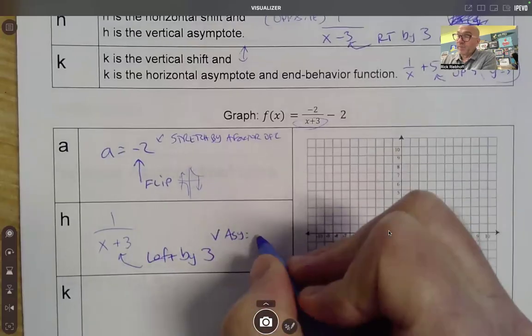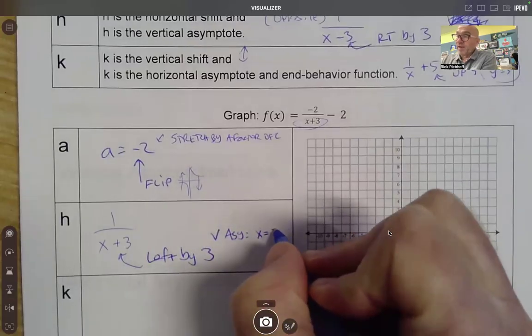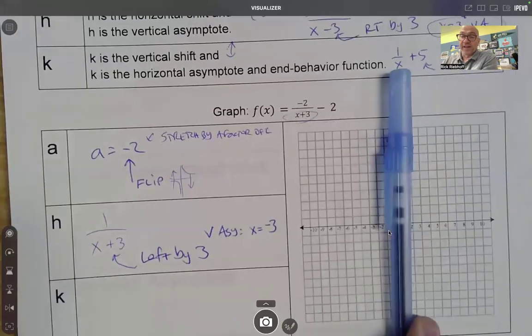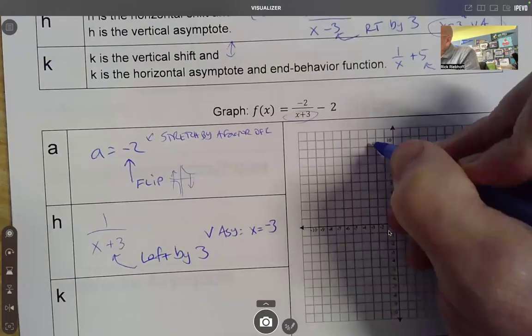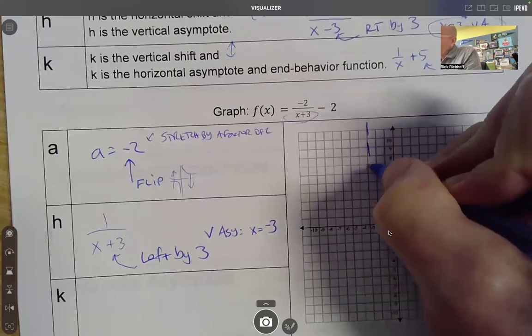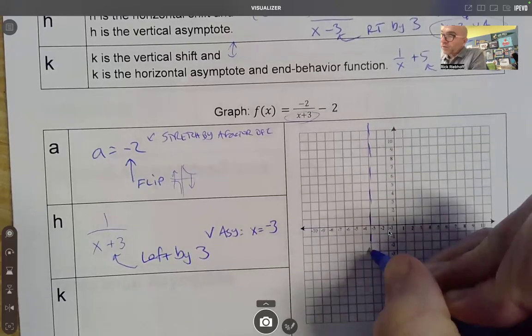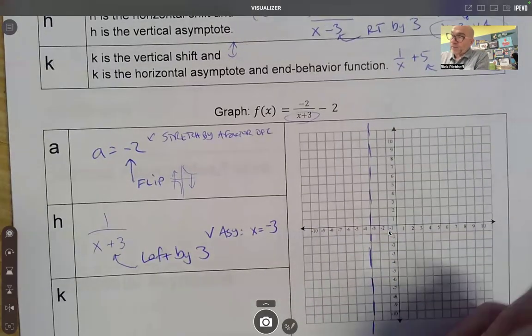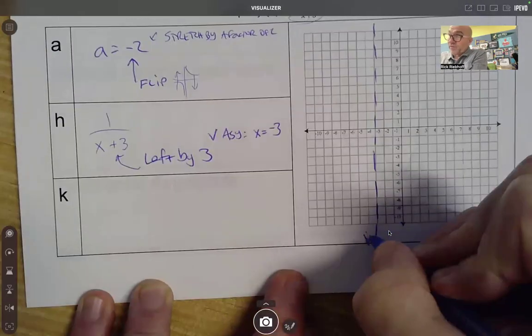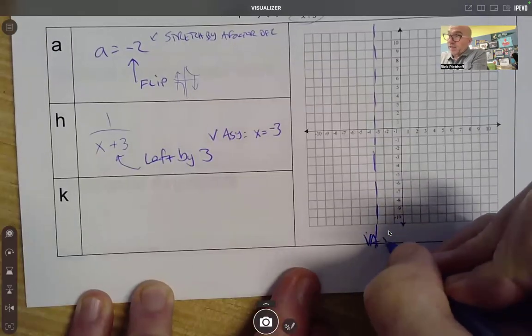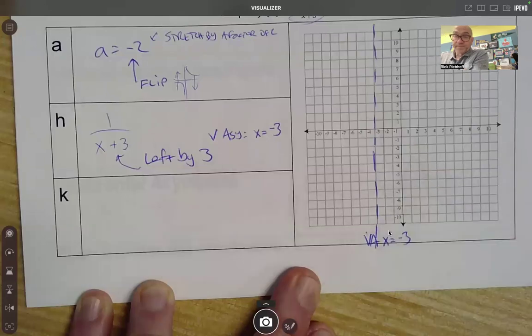VA is going to be x equals -3. We're moving to the left by 3. So I'm going to draw that in. 1, 2, 3. Okay, and I could write down here something like this. Vertical asymptote x equals -3.